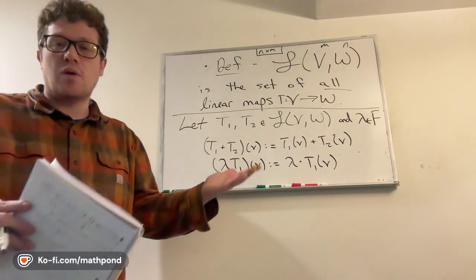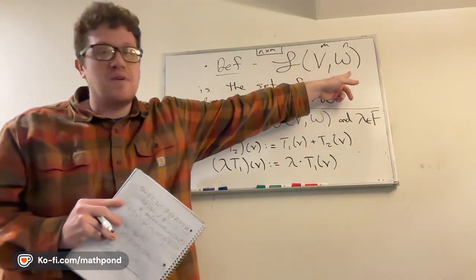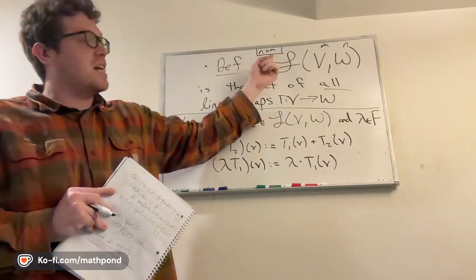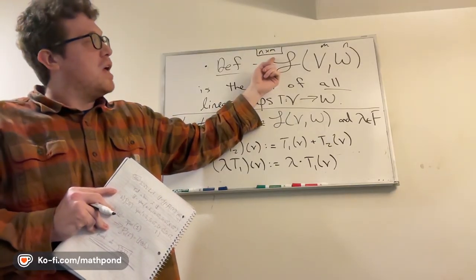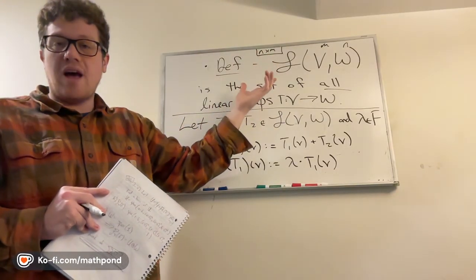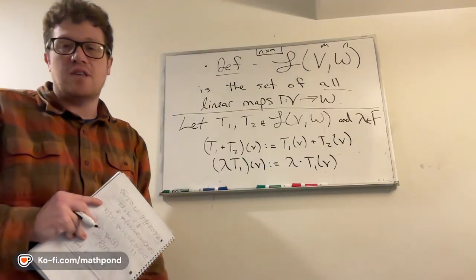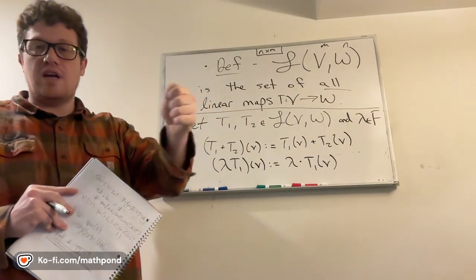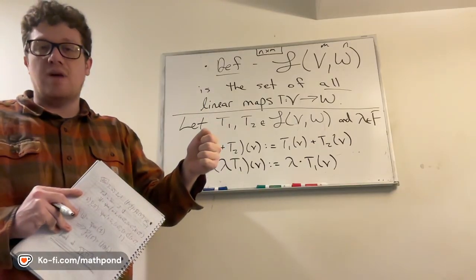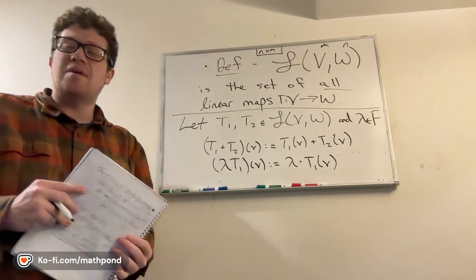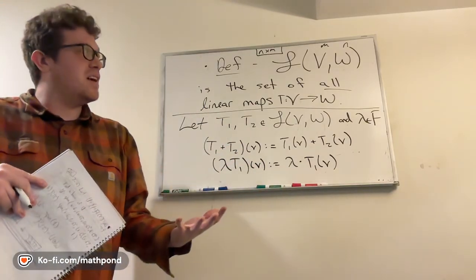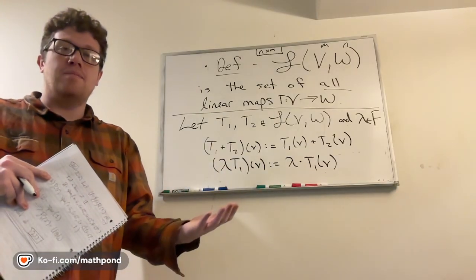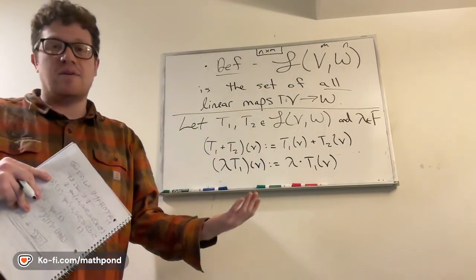Like I said, one way to think of it is that every linear map is associated to a matrix, and matrices have n times m entries in them. So as a vector space over F, the matrices have dimension n times m, because I need one entry for each entry of the matrix. That's not a proof, but you could imagine that the dimension is n times m.